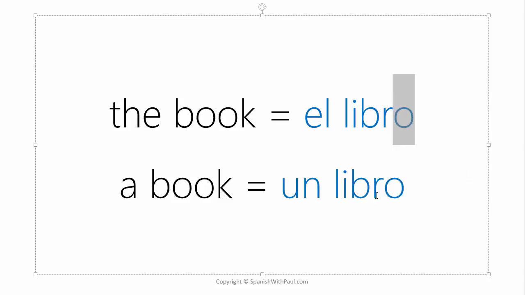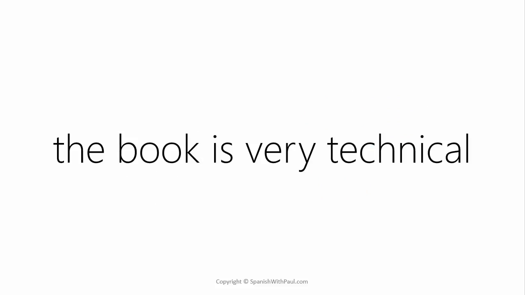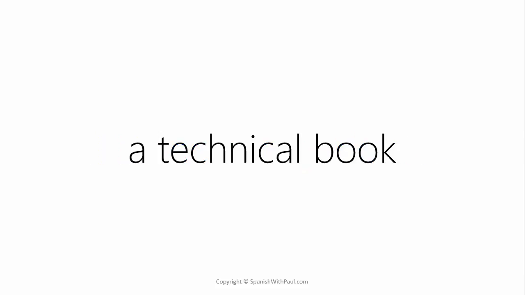Again, ending in o here, so it would be el libro. How would you say the book is very technical? El libro es muy técnico. How do you think you would say a technical book? And be careful with this one.